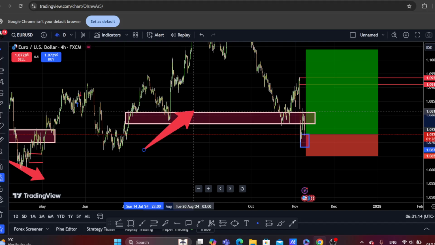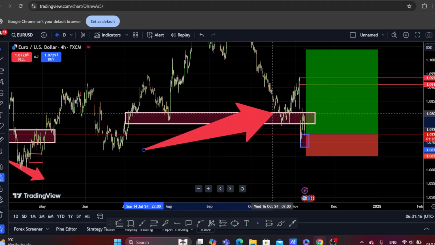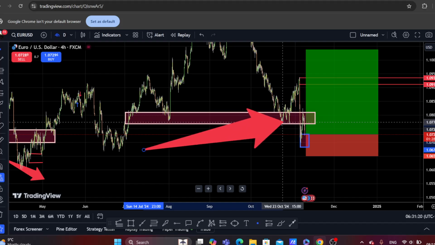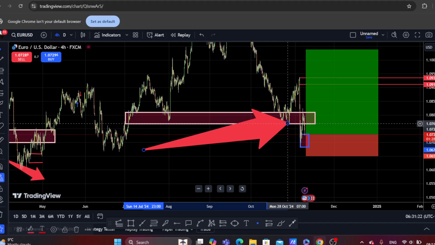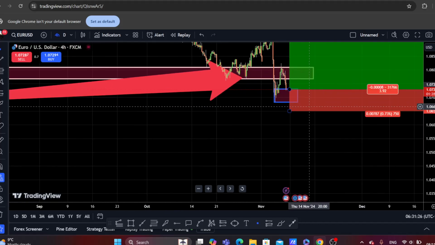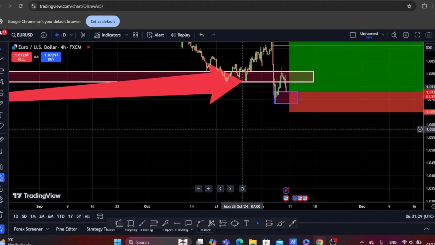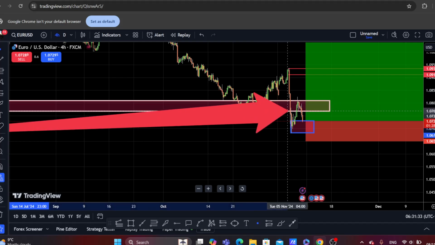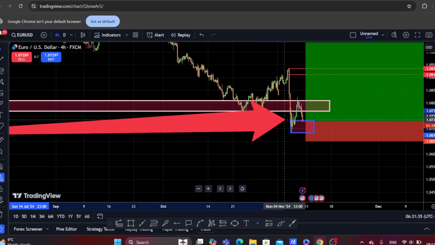So the market bounced up from there and then also rejected the level there and rejected the level there and then rejected the level there. Just zooming that for you, before we finally broke with a big engulfing candle.